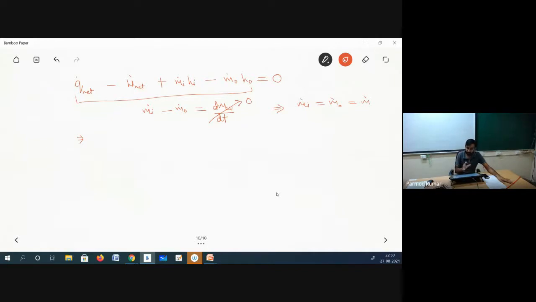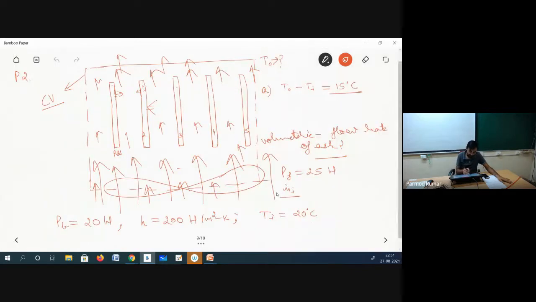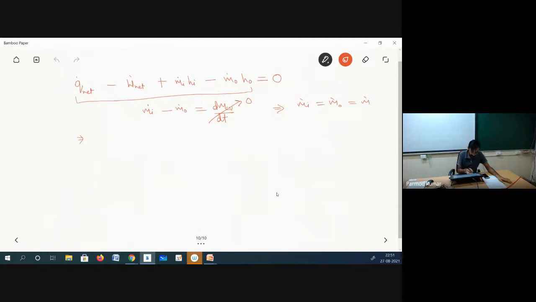Now in this system, can you tell me, if I consider air to be the control volume, then how much amount of heat is entering into the air? So if you see, each of these PCB plates is emitting 20 watt power, and we have 5 similar plates. So the amount of heat emitted is 20 into 5, and this amount is added into the air.